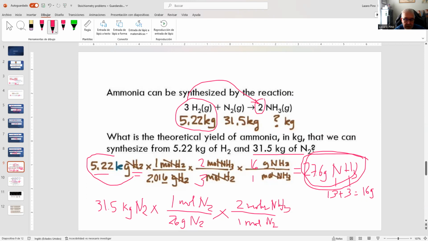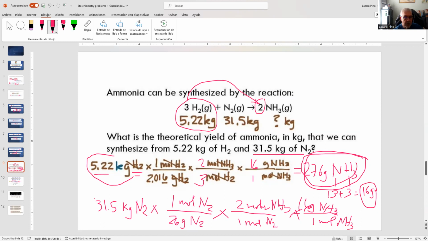But you're not interested in the number of moles of ammonia. You are interested in what? You are interested in grams of ammonia, NH3. And you know that 1 mole of ammonia, well, we calculated it before, is 16 grams of ammonia.